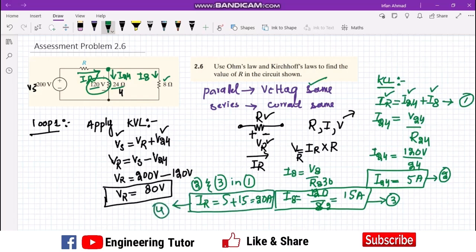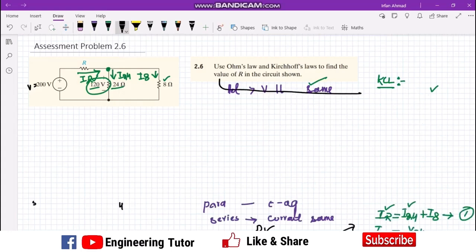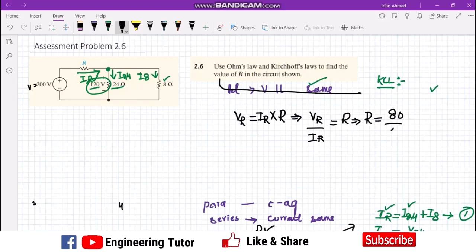So all the things are known here, and we have this formula to find R. VR is equal to IR into R. We know the value of VR, we know the value of IR, and we have to find the value of R. Putting in the values, VR was 80, IR was 20, and it will ultimately give me 4 ohm.